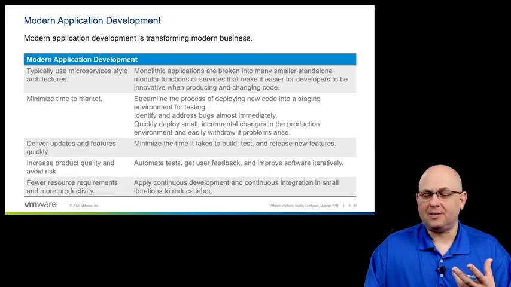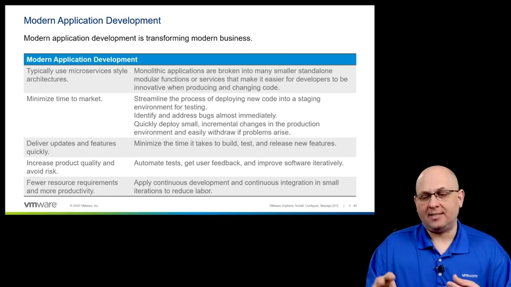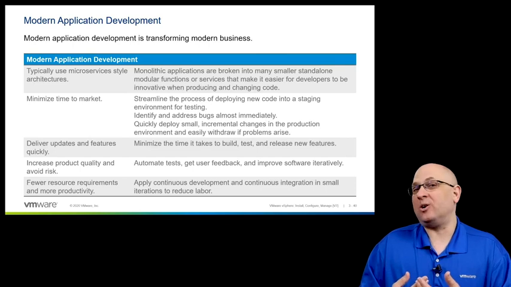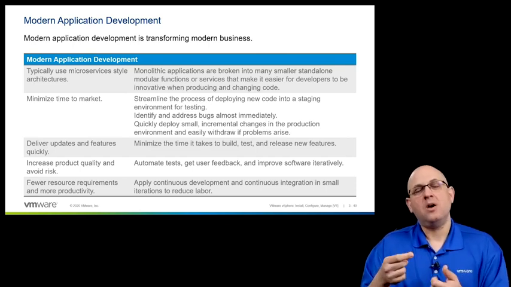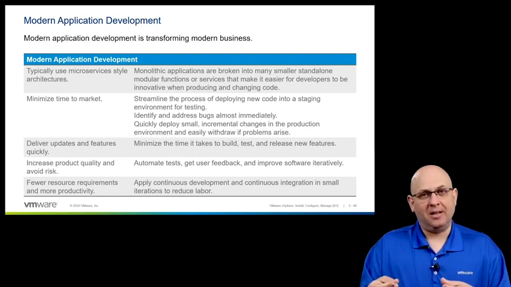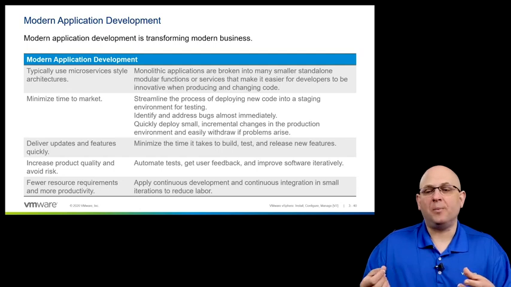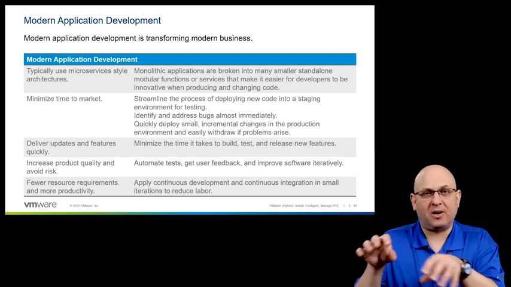Now that stands starkly in contrast with more modern application development, for which we might use the term agile development. When we have agile development, we might choose to bring containers into the environment and divide our applications into lots of different components.